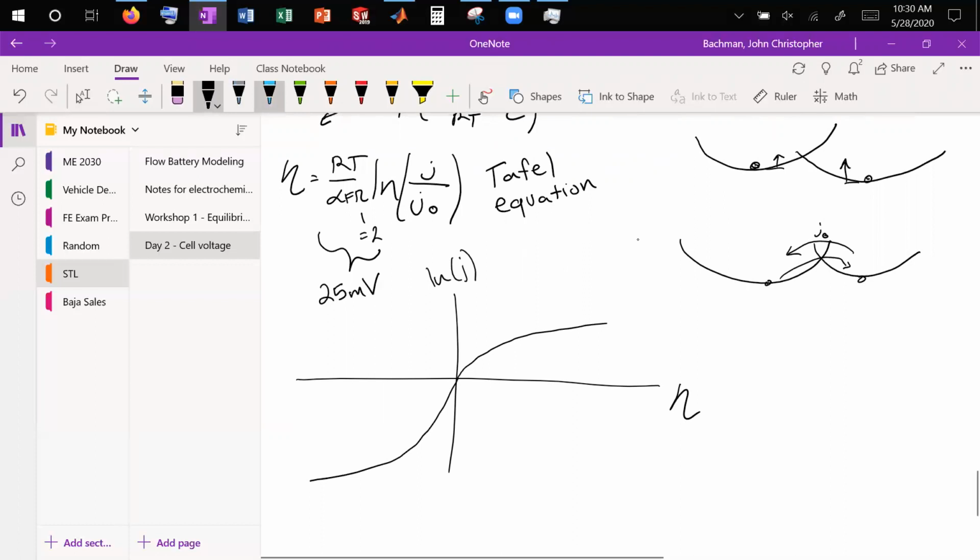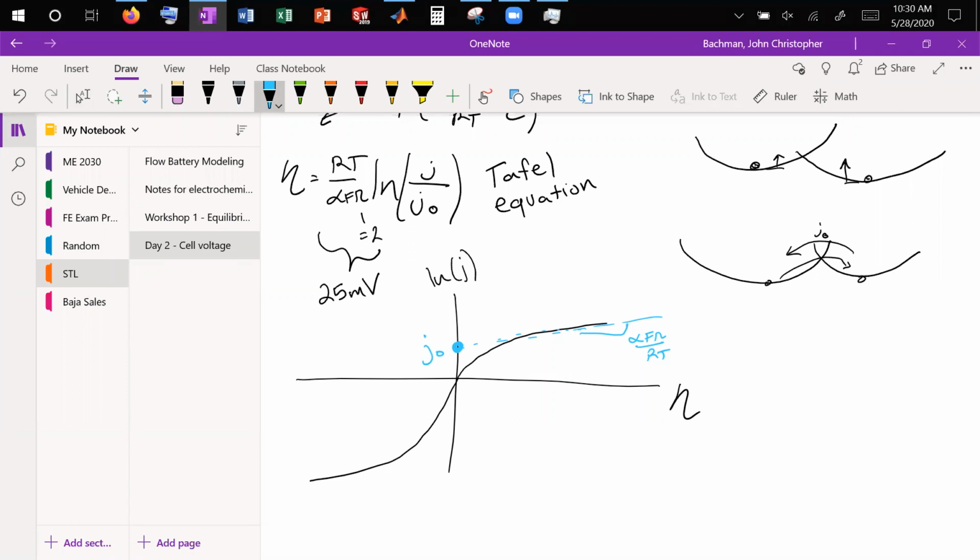So for these large overpotentials, when you fit this data, it looks kind of linear. And this is going to be the slope, alpha F n over RT, and then where it hits here, that's going to be your exchange current density. So this will be your J naught.